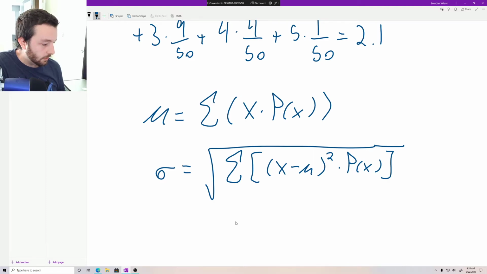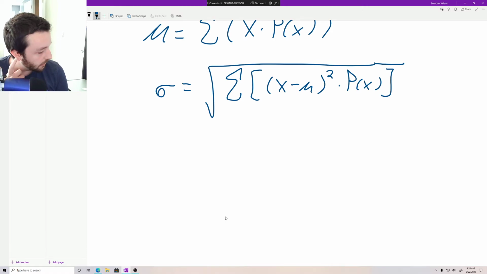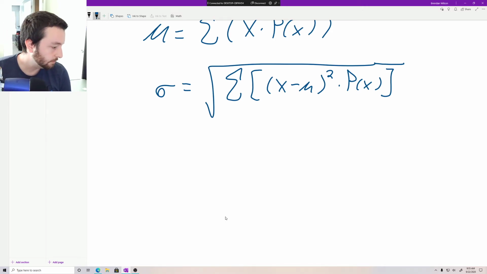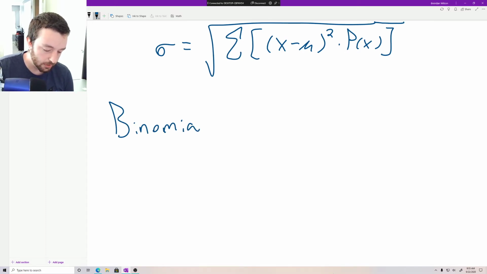Okay. So now that we've looked at a few examples, let's look at some of the common distributions. We're not going to go really in depth with these. We're just going to look at basically what they are. First is what's called the binomial distribution.